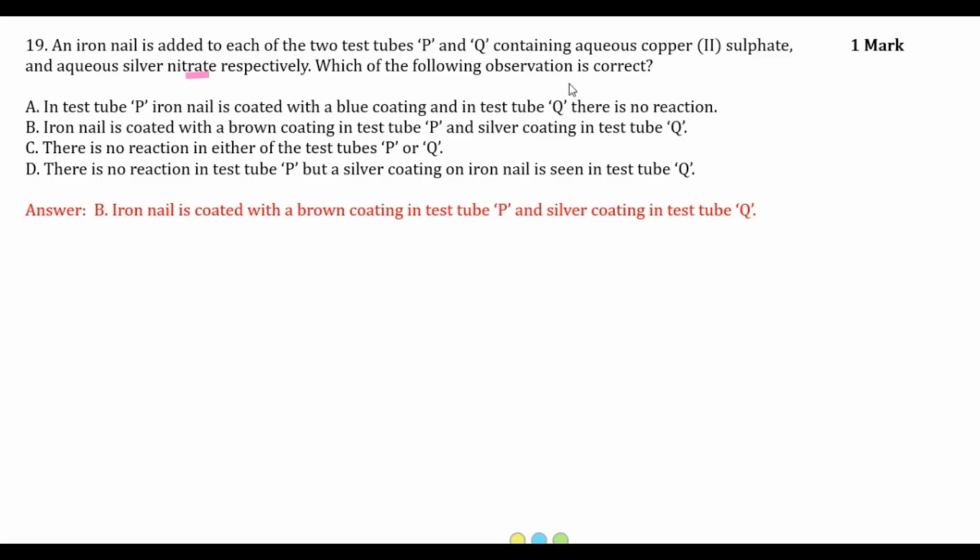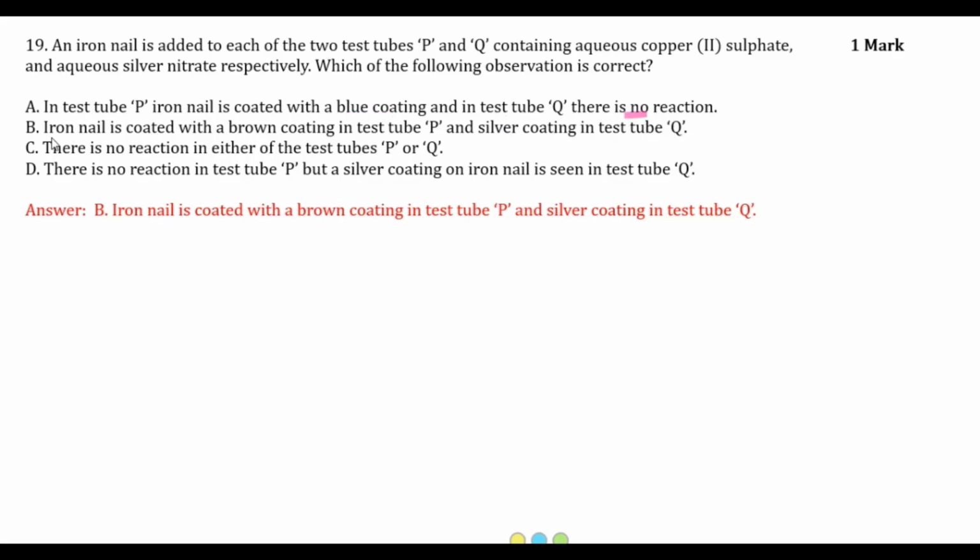Then which of the following observations is correct? We have to observe the test tubes and tell which observation is correct. Option A: in test tube P, the iron nail is coated with a blue coating after some time, and in test tube Q there is no reaction.